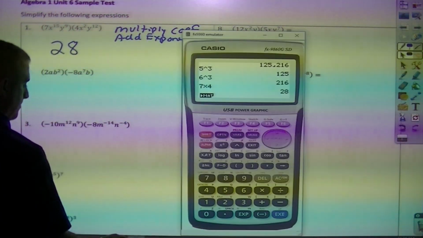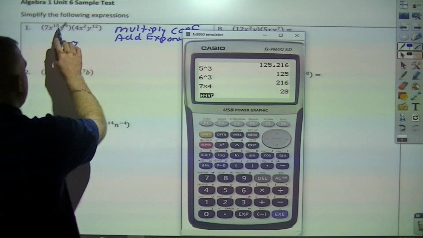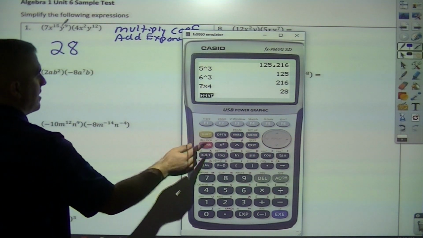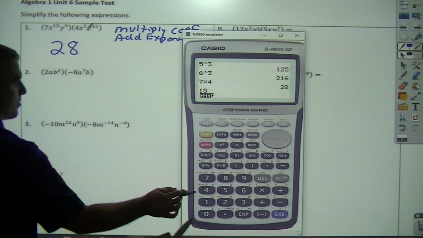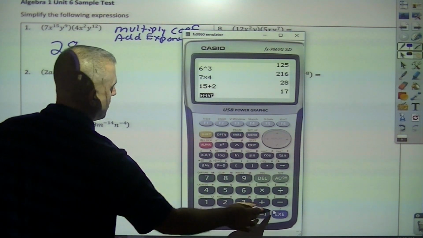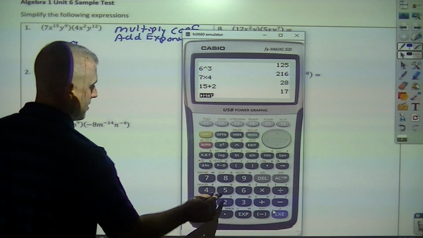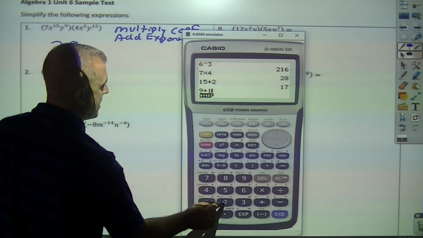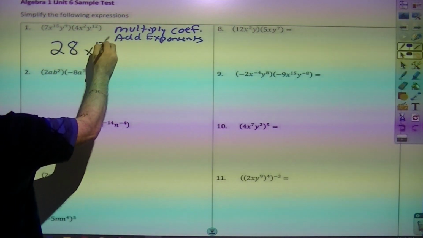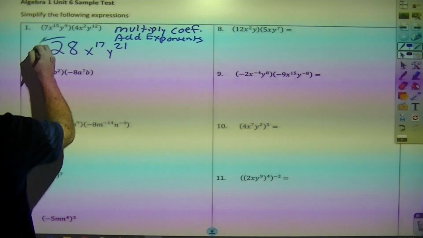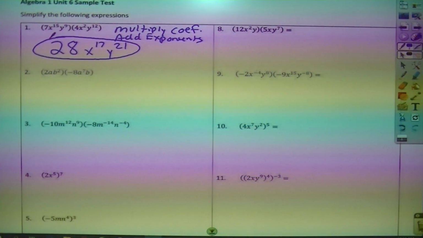The exponent for x is 15, and you can only add the exponent for x over here, which is 2. So you add the like ones. That's 17. And then for the y's, it would be 9 and 12, I'd add. It would be 21. So that's x^17, y^21. And that's going to be my answer.